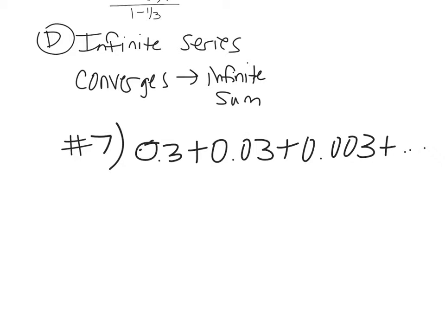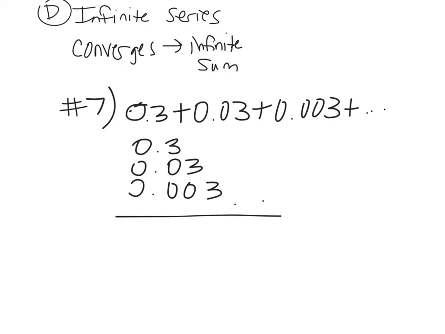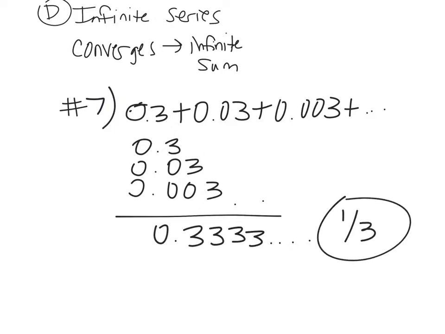It's kind of nice when you write it in a column too, because you can see what's happening here is I'm basically just adding on a 3 at the end. So when you add these, you get 0.3 plus 0.03 plus 0.003 plus, and you do that an infinite amount of times. What does that equal? 1/3. Okay? And so that series converges, and so you get 1/3.